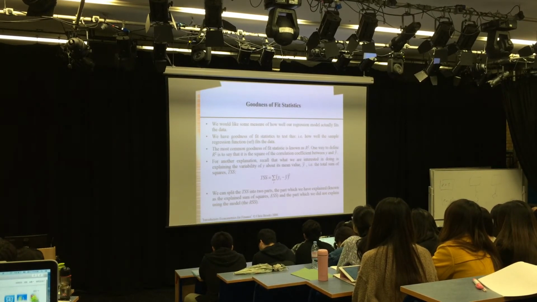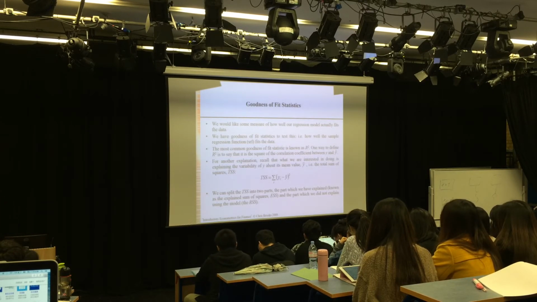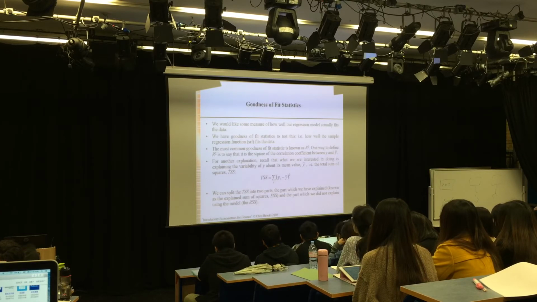You can split the total sum of the squares into 2 parts: the part that we've explained, and the part that we haven't explained in a regression. When you look at a variable you're trying to explain, it has variation around a mean, and the total sum of the squares around that mean is basically what you're trying to explain using your model.